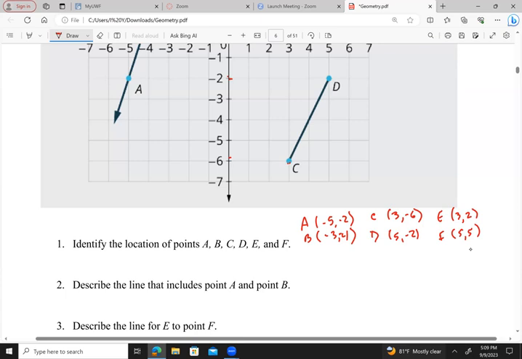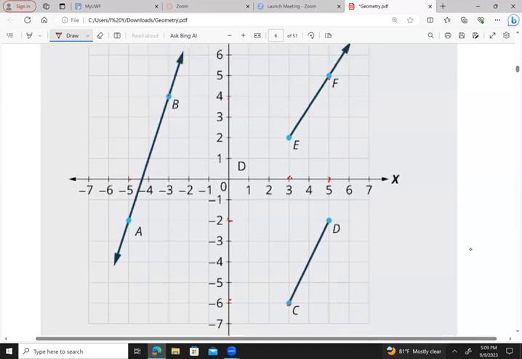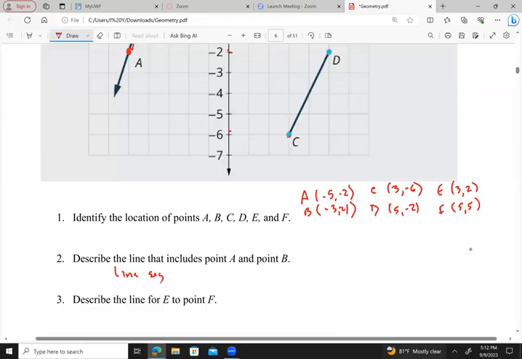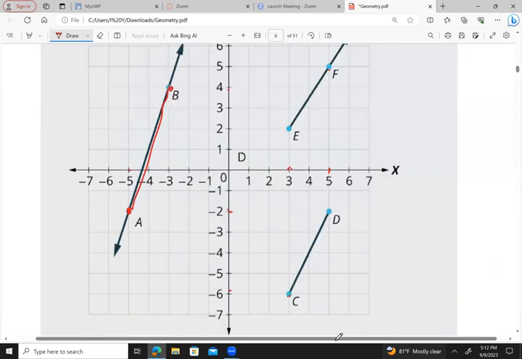Describe the line that includes point A and point B. A, B. Describe the line from E to F. Or is it wanting the whole thing?